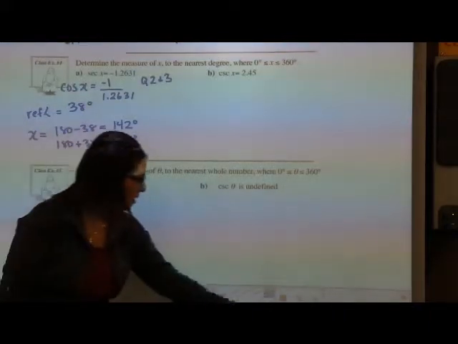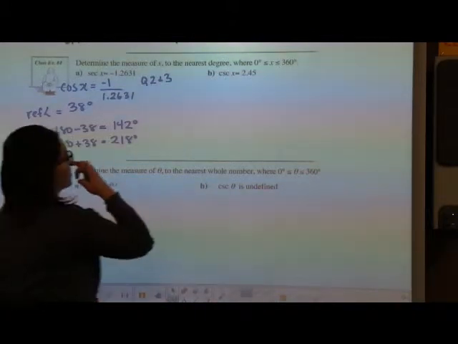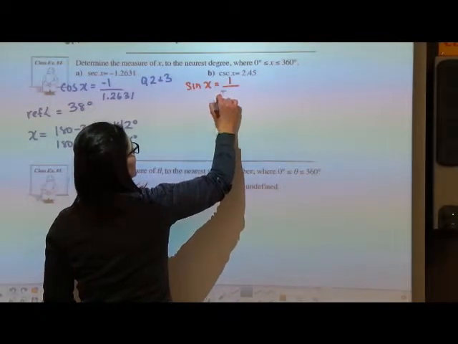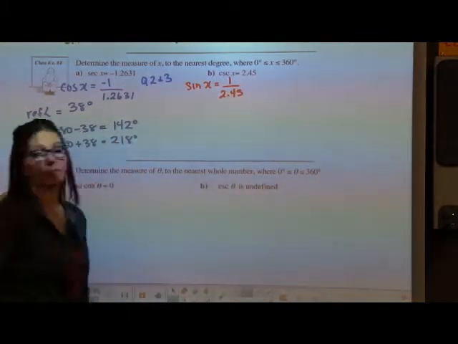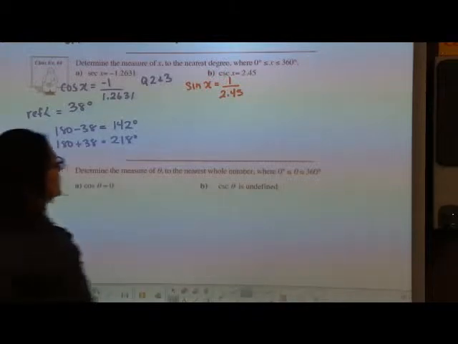Okay, what about cosecant? What's my reciprocal to cosecant? Sine. So this becomes sine x is 1 over 2.45. It's positive, which means I'm looking at which quadrants? 1 and 2.